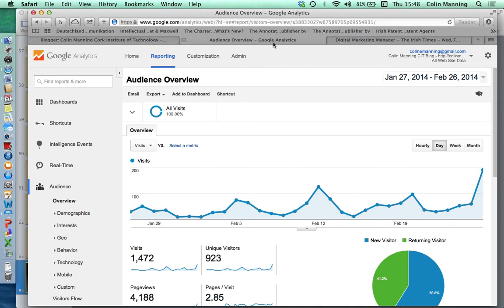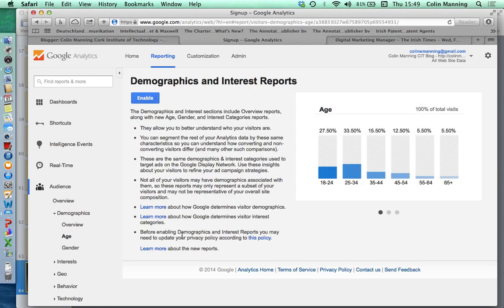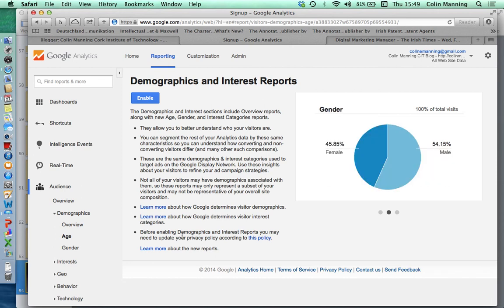So I used Crocs as an example. This tells me in demographics, for example, the age profile. So remember, Google knows a lot about you individually. So when you come to my blog now, Google knows person 74913724724X, that's who that is.